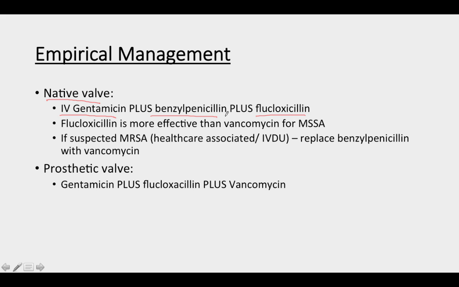And why flucloxacillin rather than vancomycin, you might be asking? It's because flucloxacillin is more effective than vancomycin for methicillin-sensitive Staph aureus. But if you suspect MRSA, you can replace the benzylpenicillin with vancomycin, right? If you have a prosthetic valve, however, you can go straight to gentamicin, flucloxacillin, vancomycin.